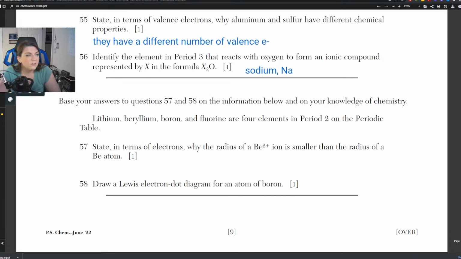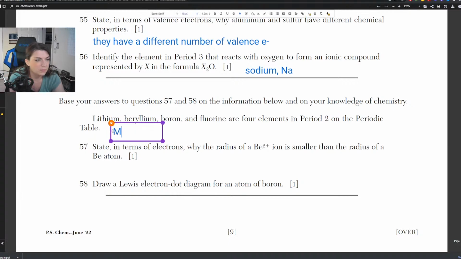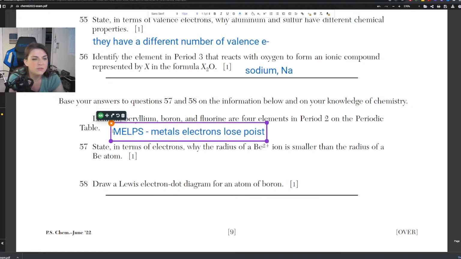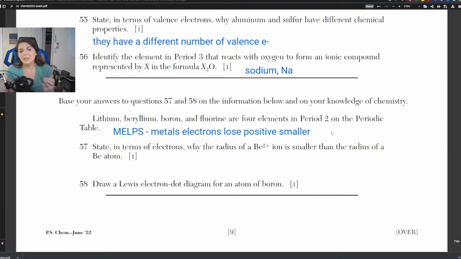Okay. 57. The trick for 57 is MELPS: metals, electrons lose, positive, and smaller. When metals lose their electrons, they become positive ions with a smaller radius.